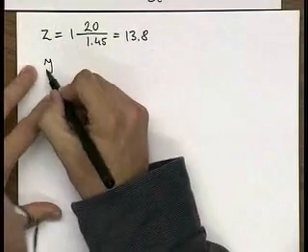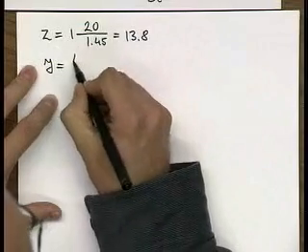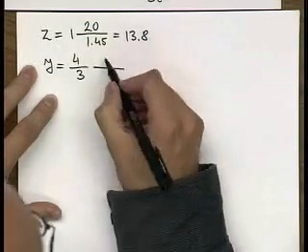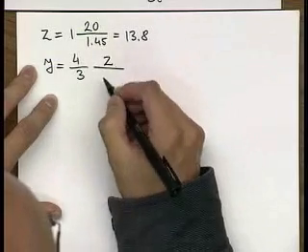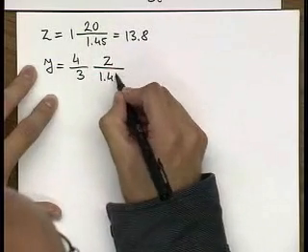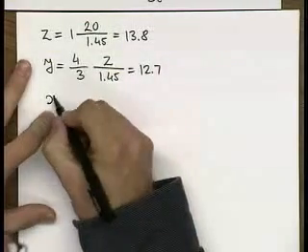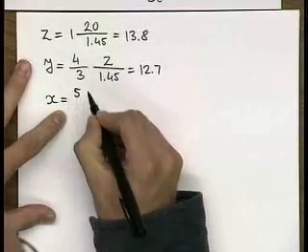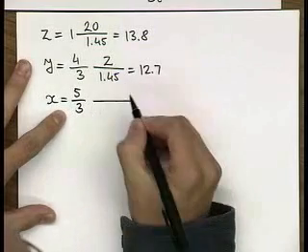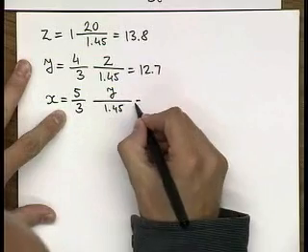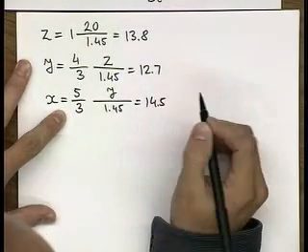Now we work backwards and we calculate Y. Logical effort of an AND is 4 over 3. Then the output capacitance is Z, and the stage effort is again 1.45. We get 12.7, and so on. We calculate X: NOR logical effort is 5 over 3, times Y over stage effort 1.45, so that is 14.5.